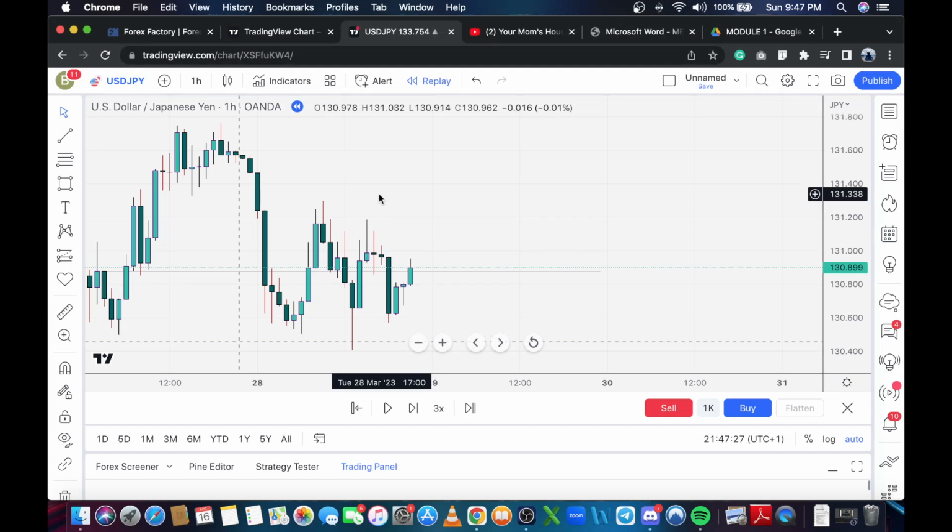Now look at the pair we're trading, US dollar and Japanese yen. Okay, so if we are trading Japanese yen, what kill zone is going to be more sensitive for this asset we're trading? Asian session. Why? Because the yen is most actively traded during Asia. So your kill zone changes from just London and New York or London close to the Asian now, because you have the yen pair that you're trading.